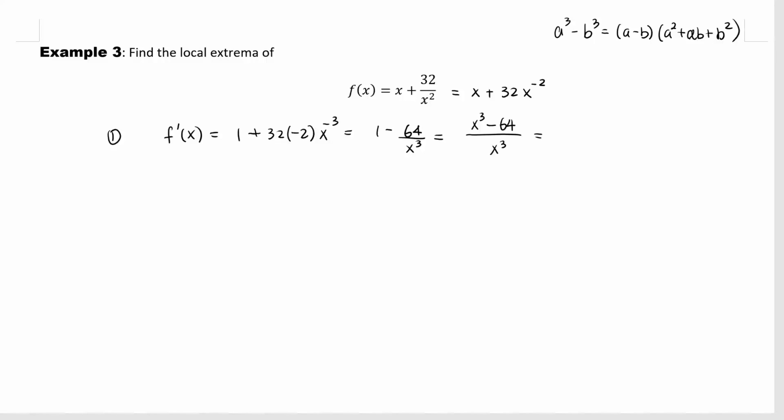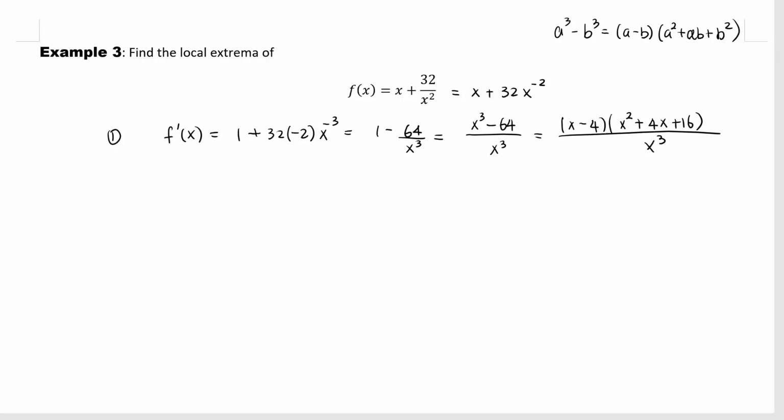So this is (x minus 4)(x squared plus 4x plus 16), because 64 is 4 cubed. If you don't remember that, it's okay. In this case, you don't need to factor completely.